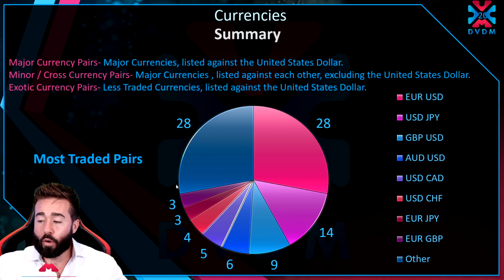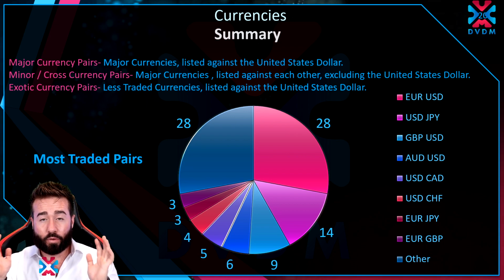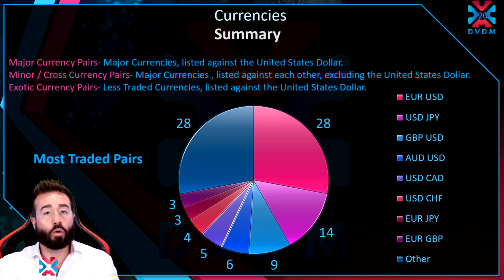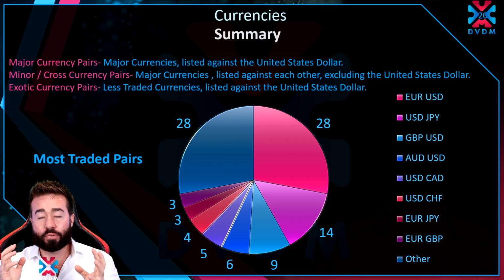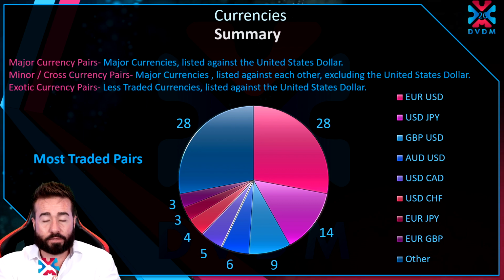This represents all other currency pair combinations in the world, and it is equal to just the Euro USD. That means all the countries and all their currency combinations, and there can be thousands of them, also represent only a quarter of the trading volume.